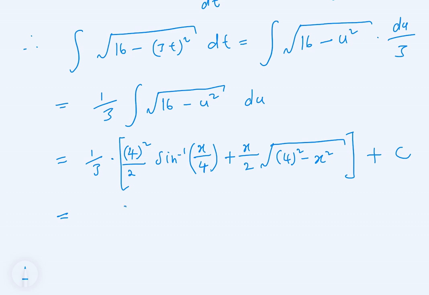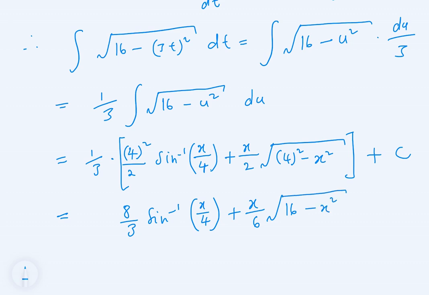This is going to give us 8 divided by 3 multiplied by sine inverse of x over 4, plus x over 3 times 2, that is of course x over 6, multiplied by the square root of 4 squared, which is 16, minus x squared, plus c. This will be the solution of this one.